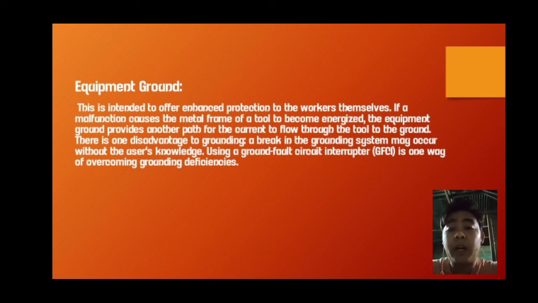If a malfunction causes the metal frame of a tool to become energized, the equipment ground provides another path for the current to flow through the tool to the ground. There is one disadvantage to the system: a fault may occur without the user's knowledge. Using a ground fault circuit interrupter, or GFCI, is one way of overcoming grounding deficiencies.